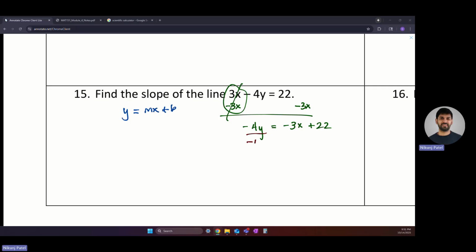And then we would divide both sides, or everything on both sides, by -4. So y equals, and we take it one fraction at a time, -3 divided by -4, that turns into +3/4, the x stays. And then we would do minus, since 22 is positive and 4 is negative. In this case, 22 divided by 4 gives us a decimal.